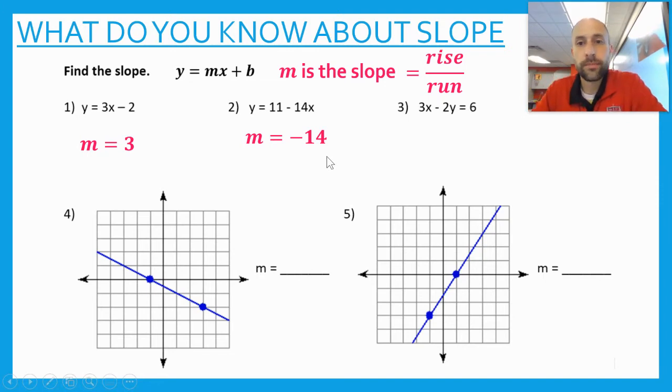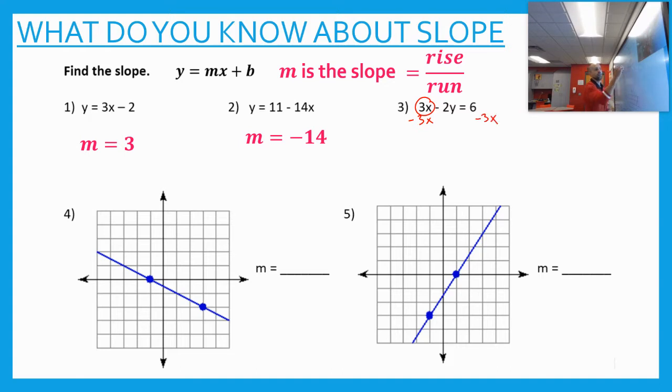Slope is negative 14. For number three, this equation looks a little different, and we haven't done a lot of this. We need to rearrange this equation to make it look like y equals mx plus b. So the first thing I would do is I would subtract. I'm going to move the x term by subtracting it to the other side.